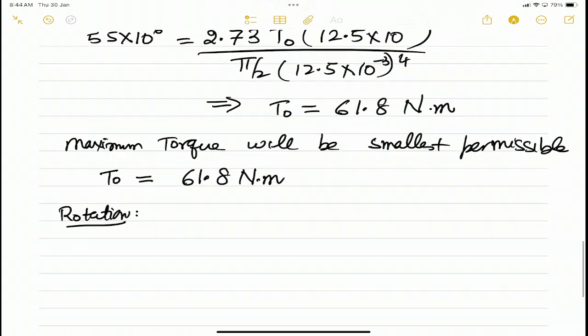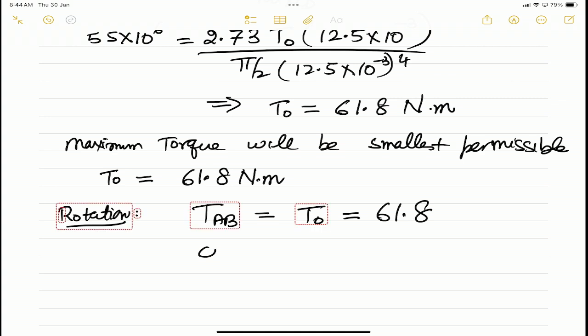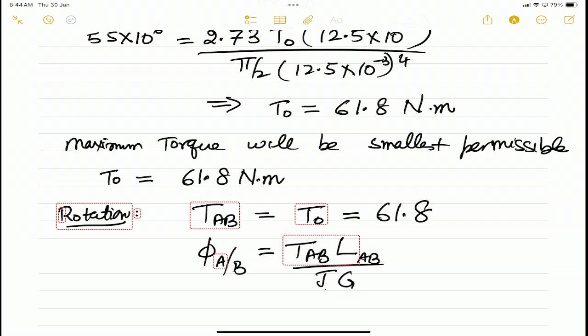Now for the rotation, torque in AB is equal to T0 is equal to 61.8. So phi of A with respect to B is equal to TAB LAB upon J times G, and this again, 61.8 is in Newton meters.